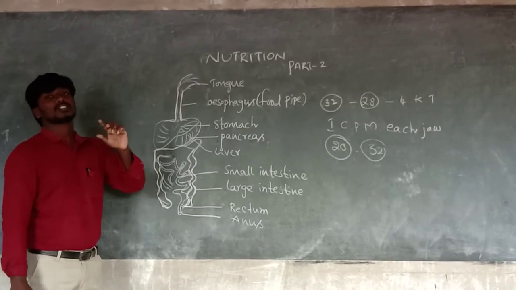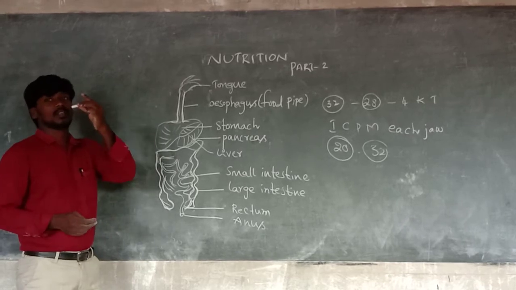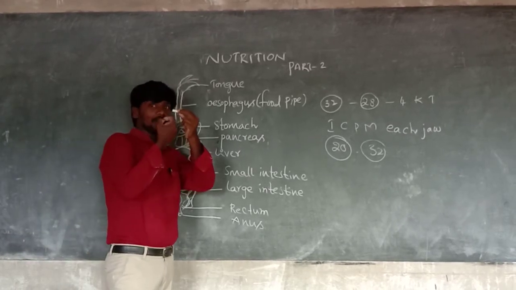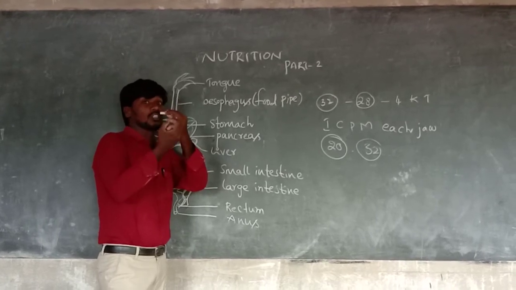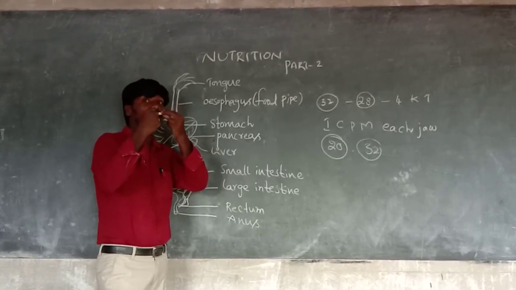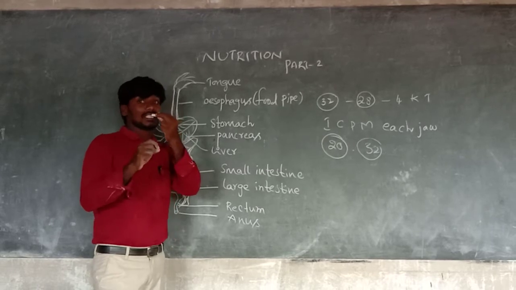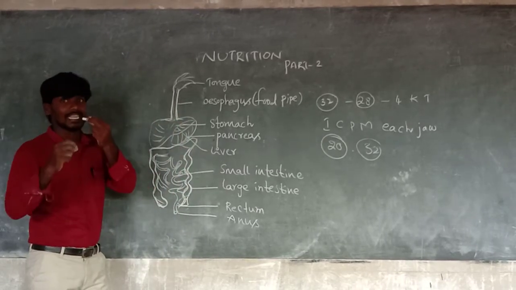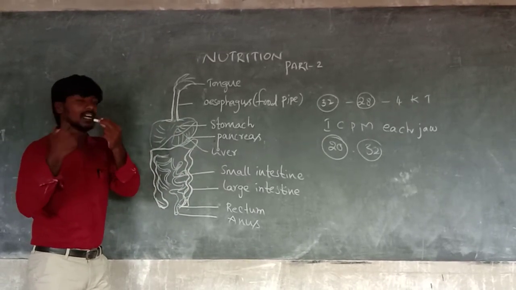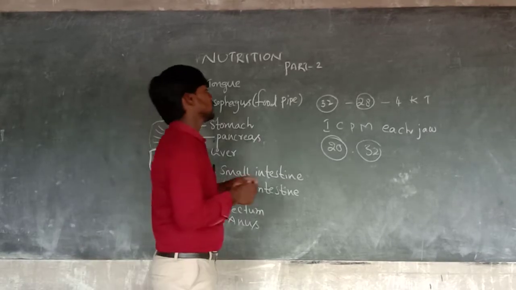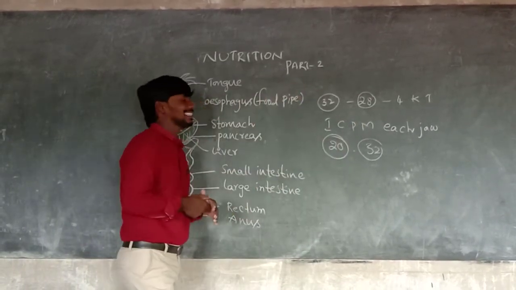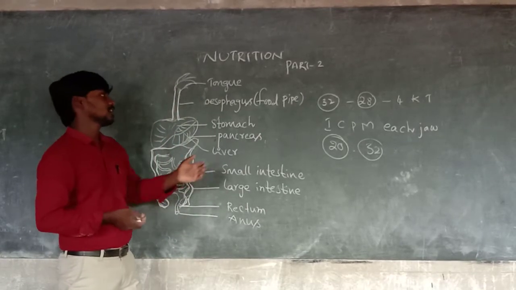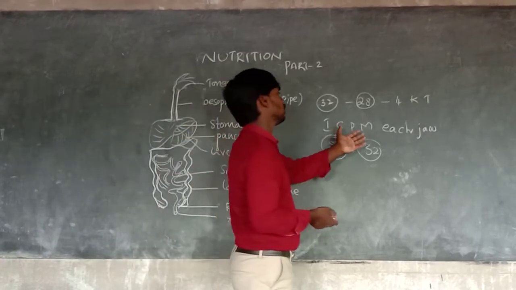When you take the food material, it is first cut by the teeth, chewed and torn. That is the main importance of ICPM, the shortcut for incisors, canines, premolars and molars.